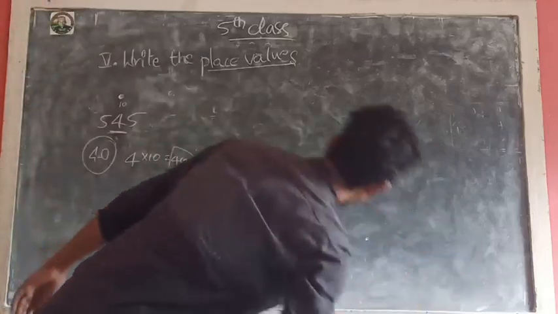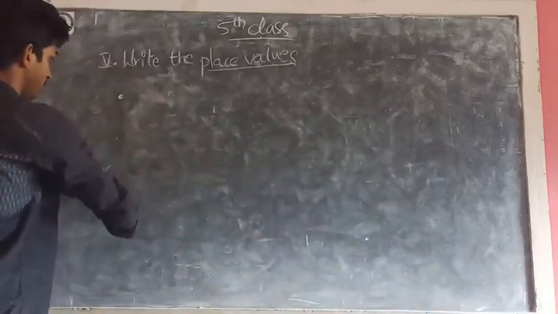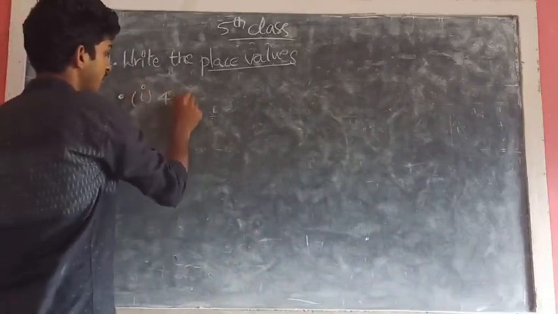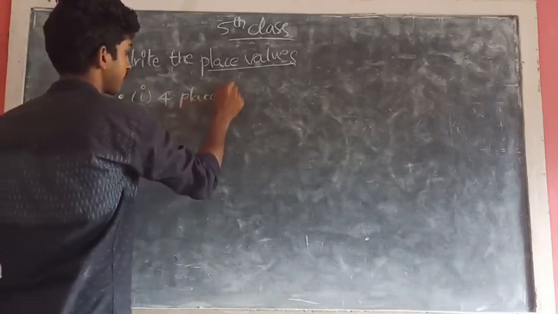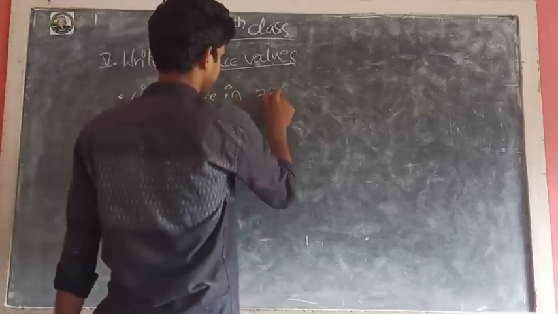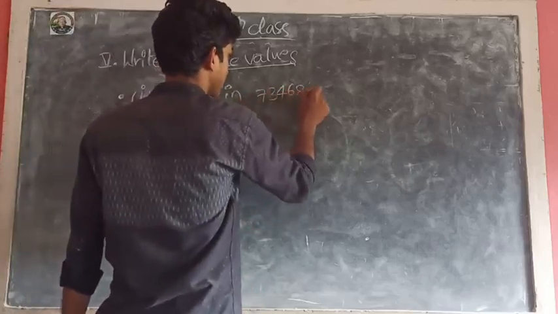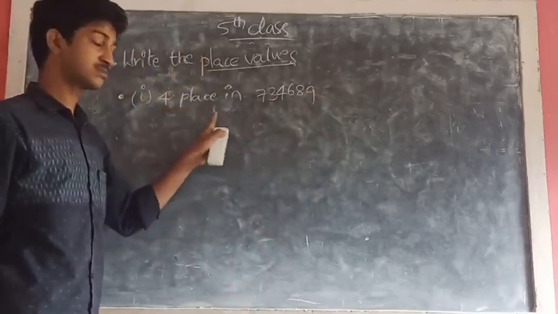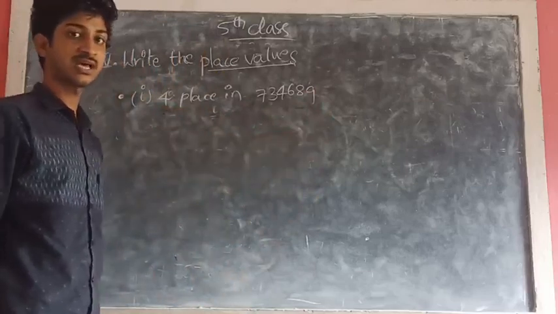Now going to the exercise problems. The first problem is the place value of 4 in 734689.